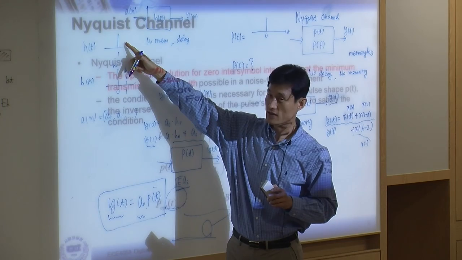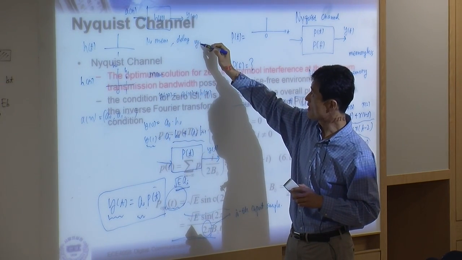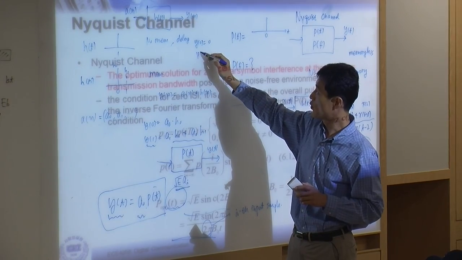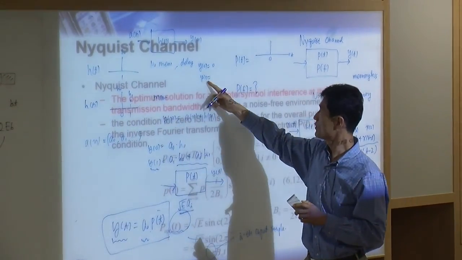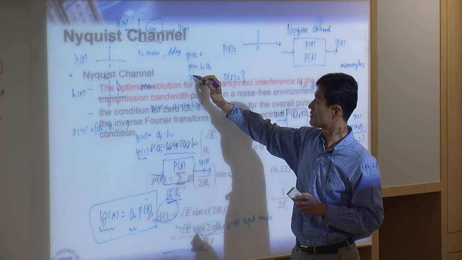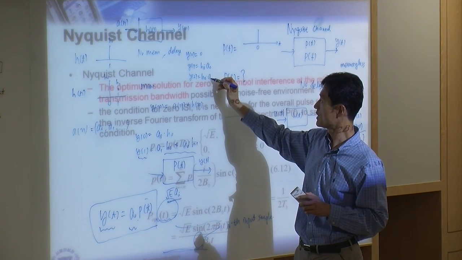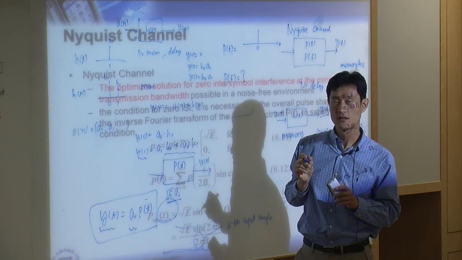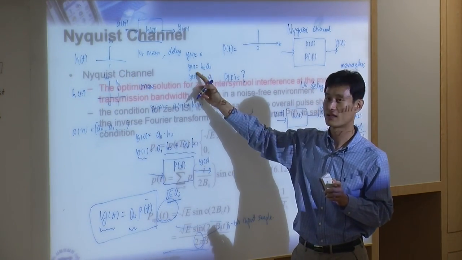What about the previous case? In the previous case, y0 is 0, y1 equals h0 times a0, y2 is h0 times a1, something like this, right? So in this case there's no memory, but you have only delay.